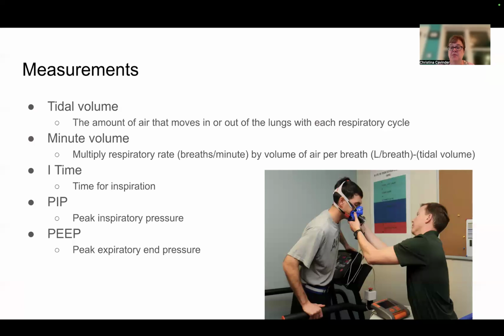So each time you breathe in and out, what's the tidal volume? What's the amount of air that you are moving? A minute volume, you multiply the respiratory rate. So how many times are you moving air in and out? And you multiply that by the volume of air in each breath, and that will tell you your minute volume. So you'll multiply those two.